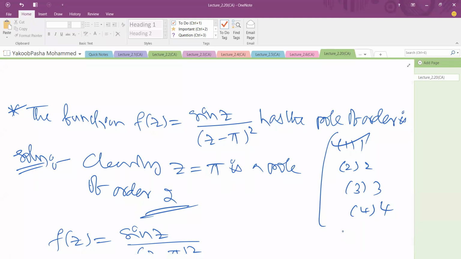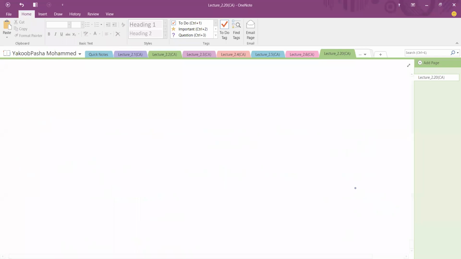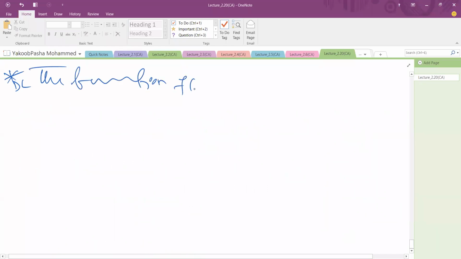The function f of z is equal to sine of z minus 1 divided by z minus 1.